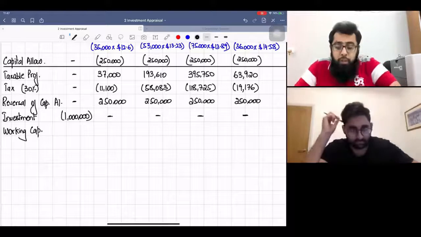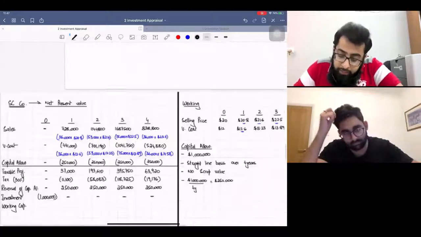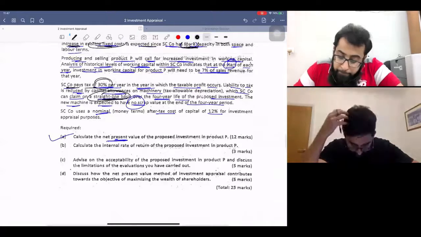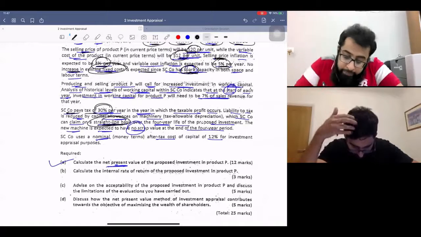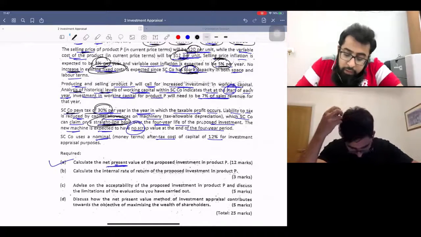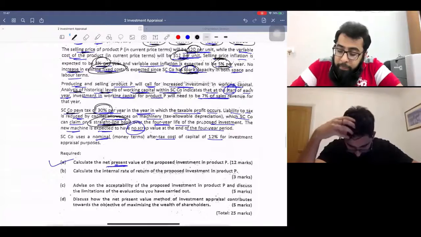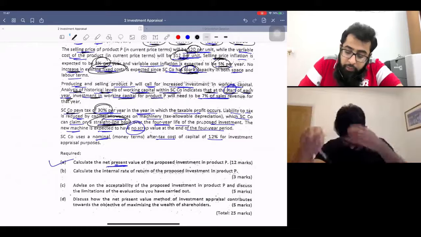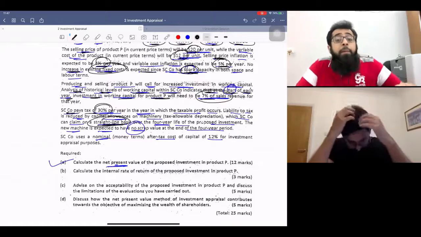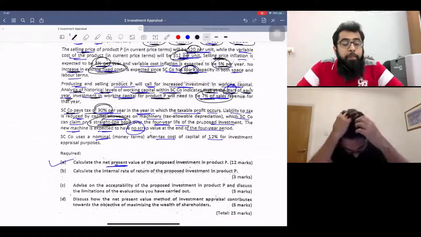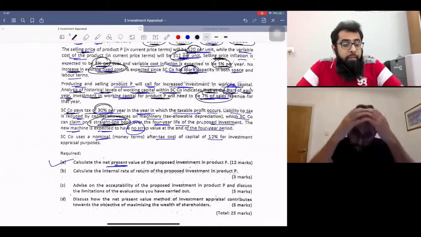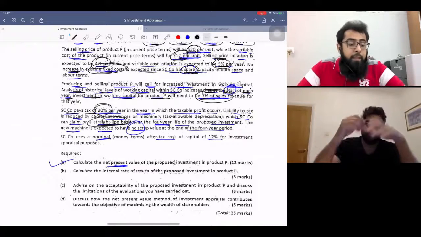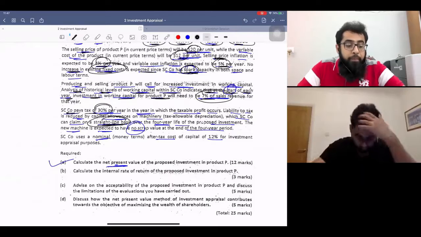The assumption is that the start of each year investment in working capital for product P will be 7% of the sales revenue.